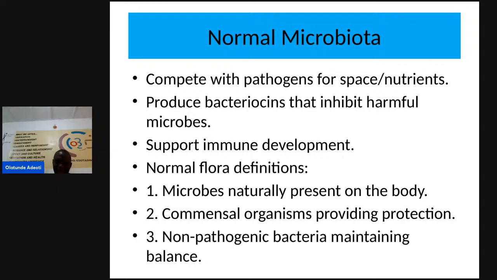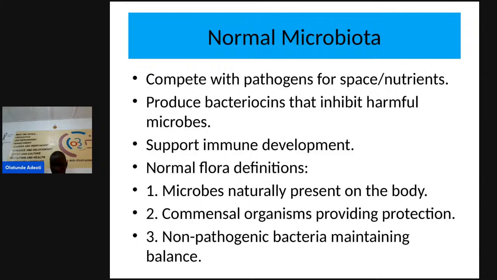So normal flora also exist as commensal organisms that are providing protection. They are non-pathogenic bacteria maintaining balance. So you should know that if a certain microorganism is a normal flora, that means normally it is not going to cause any infection.